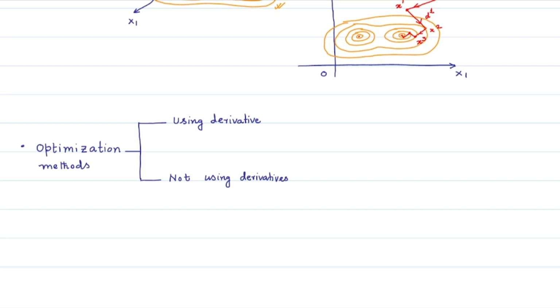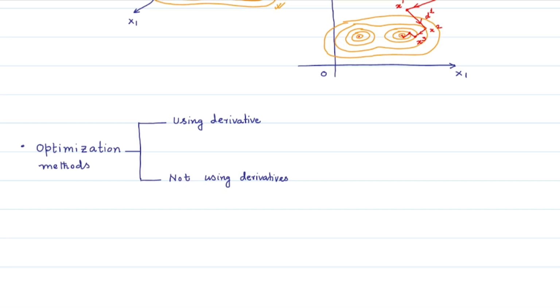And the methods not using derivatives are devised in such a manner that the iterative points are evaluated with the help of only the function values. No partial derivative or higher order derivatives of the function are used.